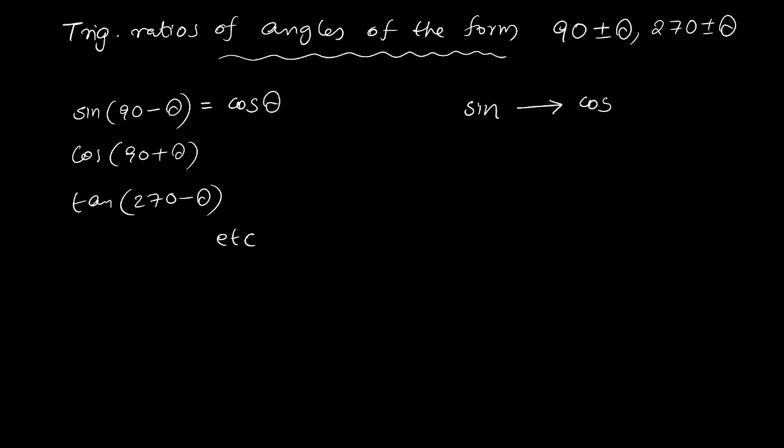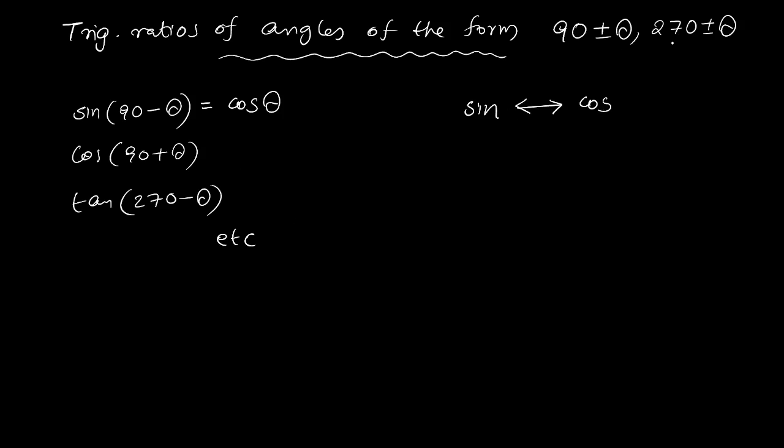So what I am saying is, if an angle is in this form and the left side trigonometric ratio is sine, the right side becomes cos of the last angle. If the left side is cos, the right side will be sine.